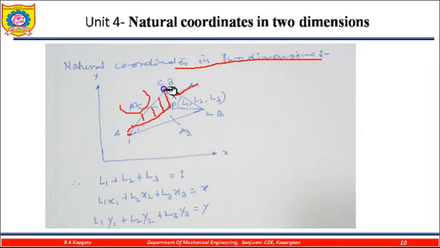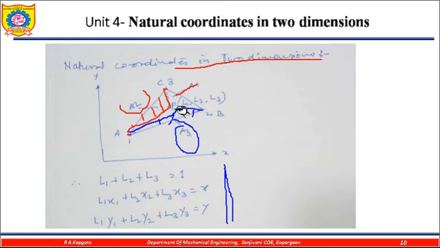And against this one, this area is called the A3 area. So these are the different triangles available in this one. So what I did here, first of all, I am writing linear equations for this.